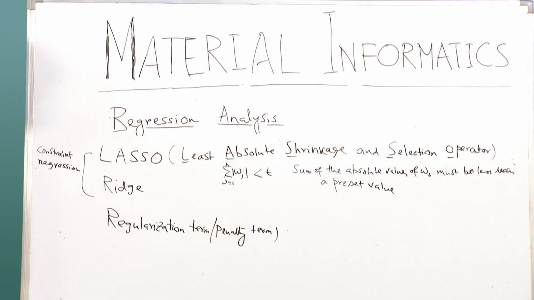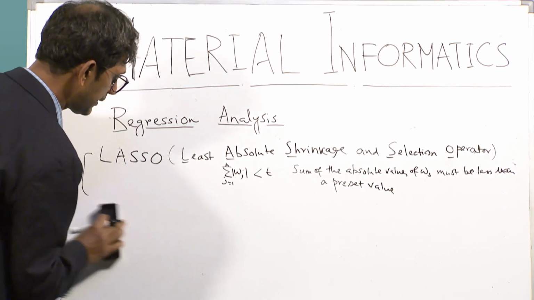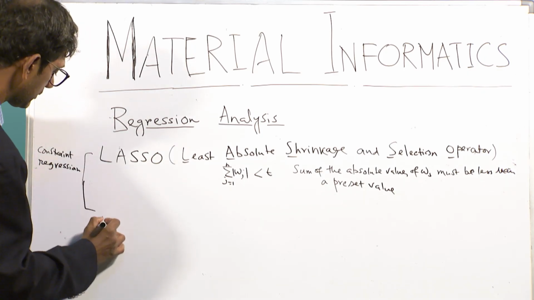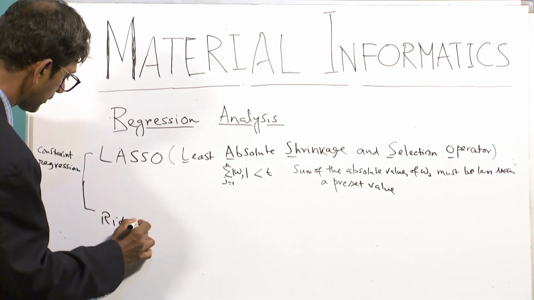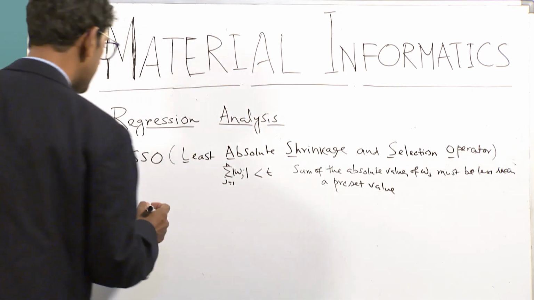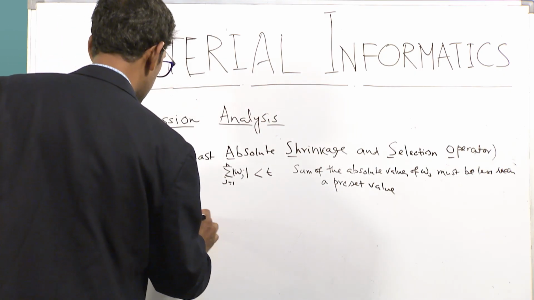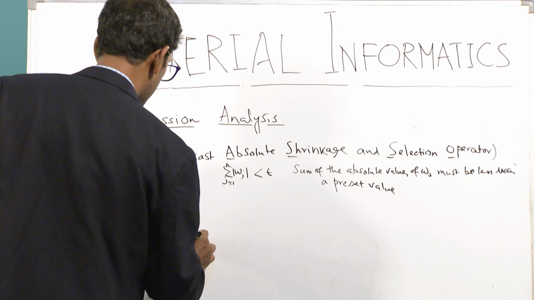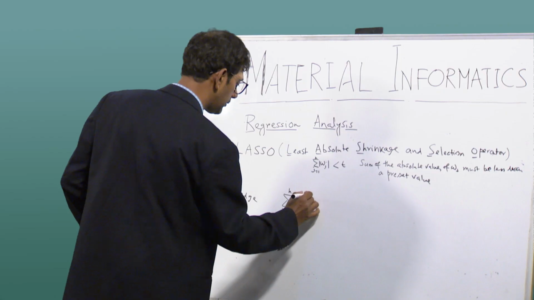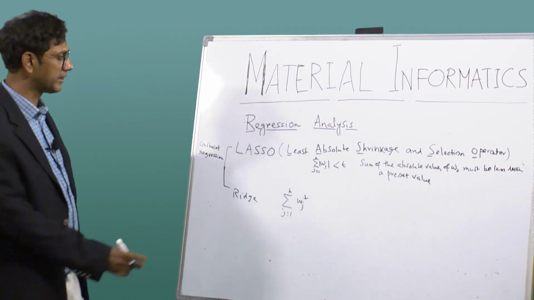In case of Ridge, we use some other condition: basically a condition on w square. You add that as a penalty term.